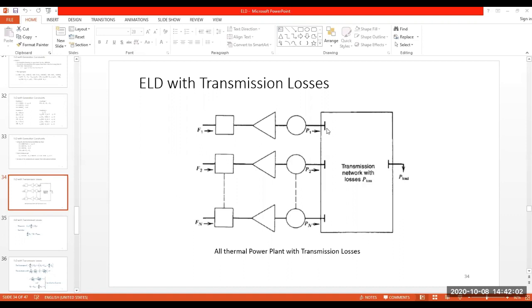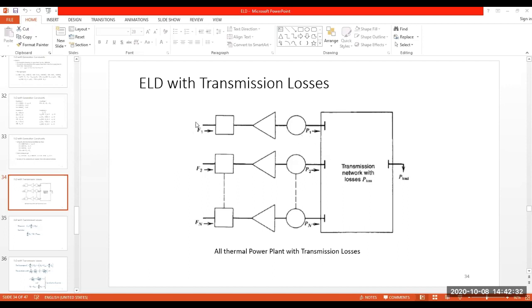The answer lies in another topic. The reactive power loss minimization is covered in detail in another topic, that is optimal power flow, which will be taken up in some later part of our course. But in economic load dispatch, we are more concerned about the real power loss rather than the reactive power loss. Okay.